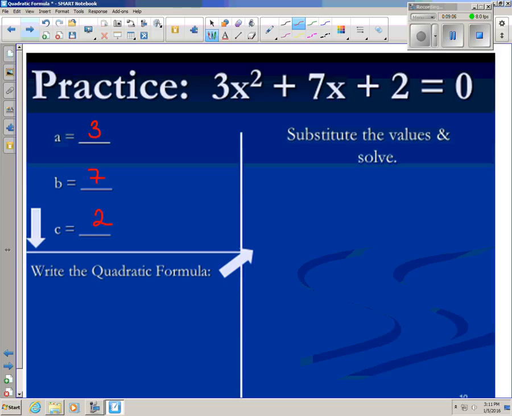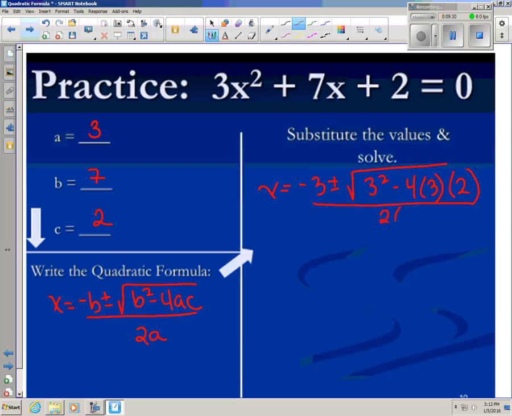So the quadratic formula is x is equal to -b plus or minus square root b squared minus 4ac all over 2a. So now let's plug in our numbers. X is equal to -3 plus or minus 3 squared minus 4 times 3 times 2, and that's all over 2 times 3.